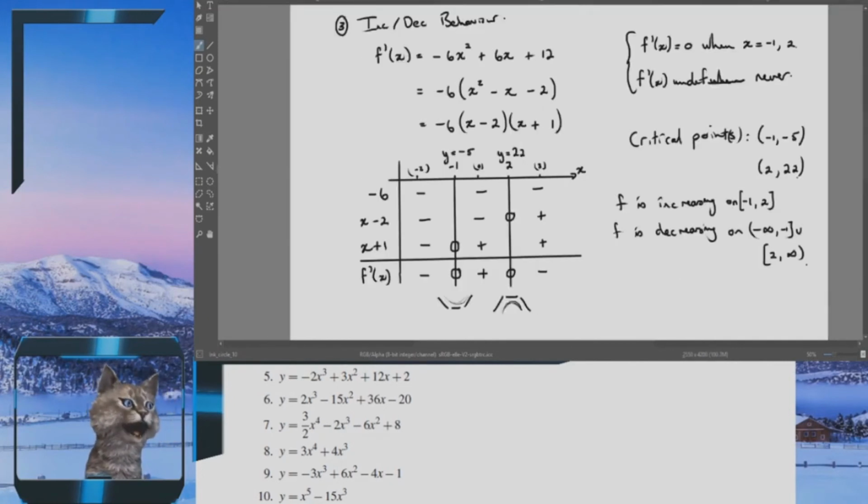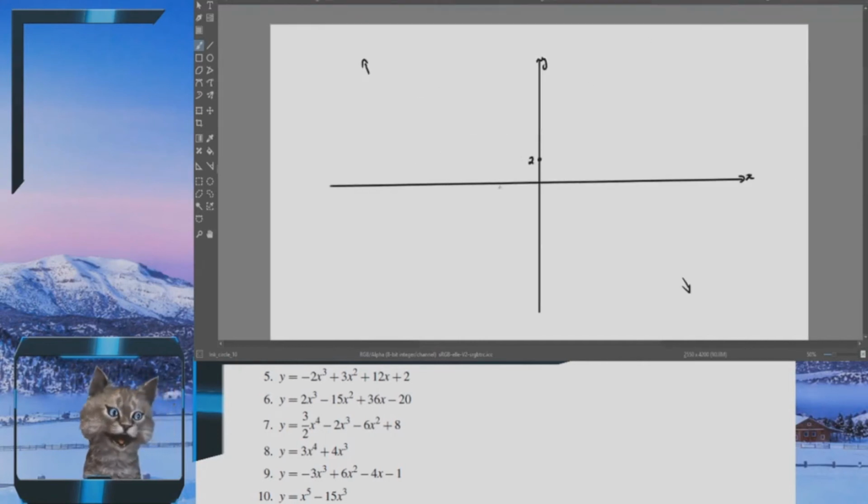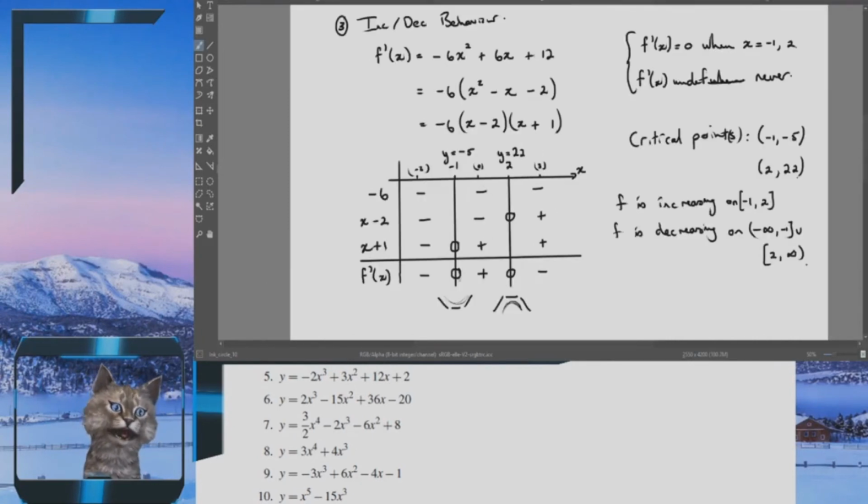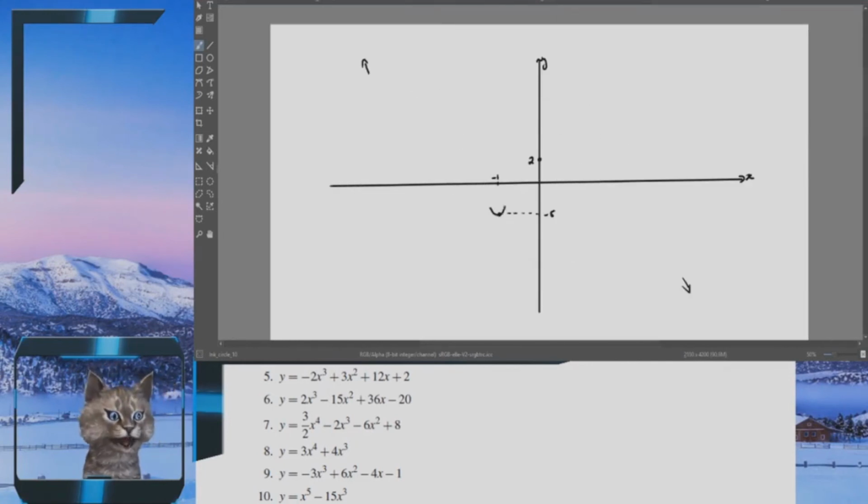Let's first put the critical points in. Critical points, negative 1, negative 5. So I'm going to zoom this in just to make the shape easier to draw. Let's put that over here. And at that point, which is this one, I'm making a little cup. So I'll remind myself of that.